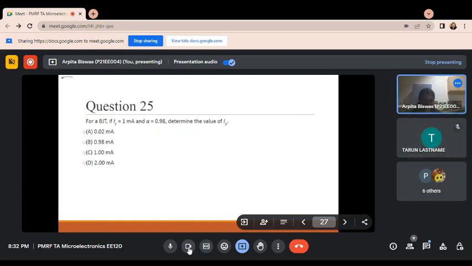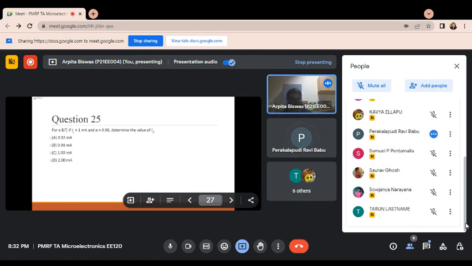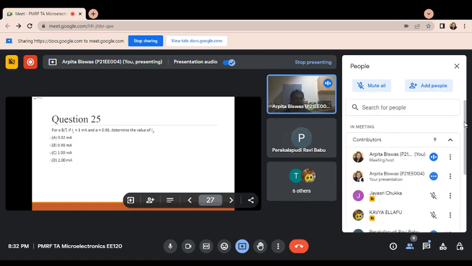What is the right answer? Option A. Okay, Tarun, I got your answer. Anyone else? This is a very simple numerical question. I think all of you can give the answer. Samuel? Ravi? Tell me. Okay, Kavya, what is the right answer?